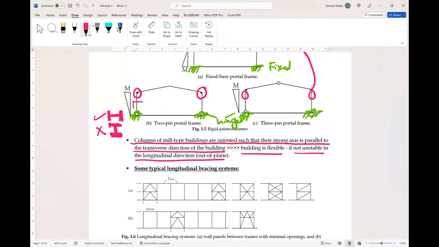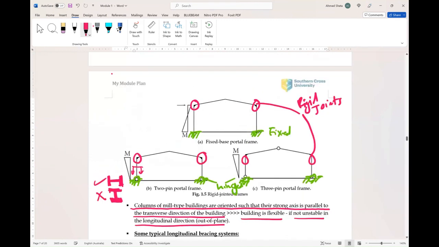When you cut the column here and have a look, the column will be oriented in this direction. This is what is meant by the orientation of the column.